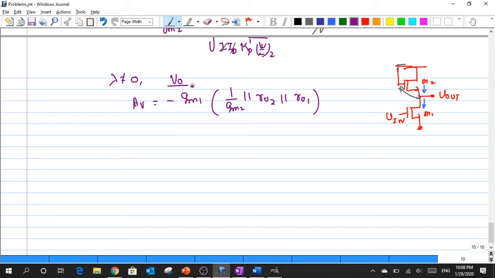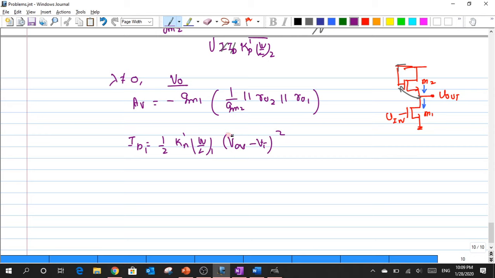Basically, in order to compute any of these gms or Rout, or R naught, we have to work with our current. Right now this current can be written as Kn dash W by L for the bottom transistor into (VGS minus VT) the whole square.